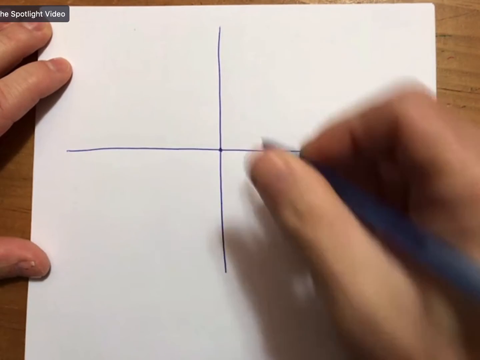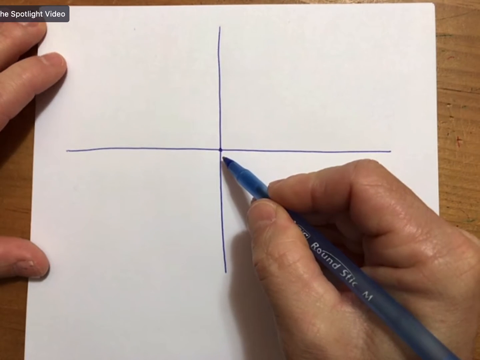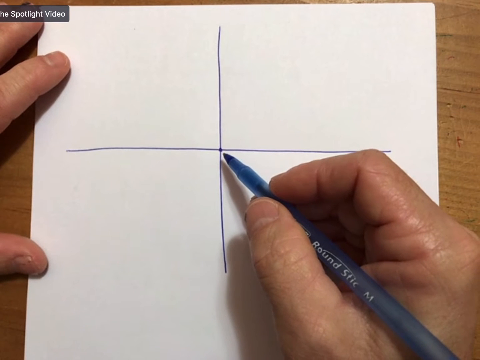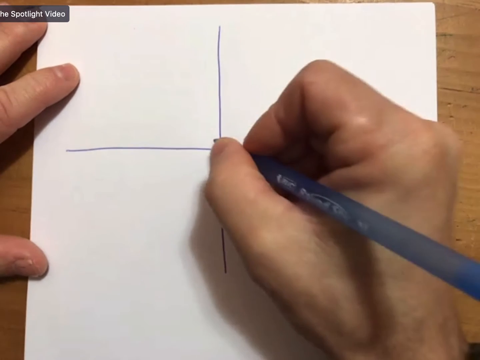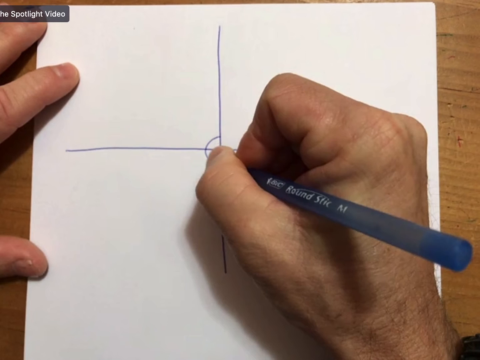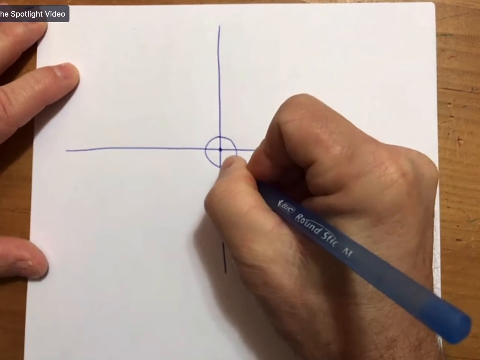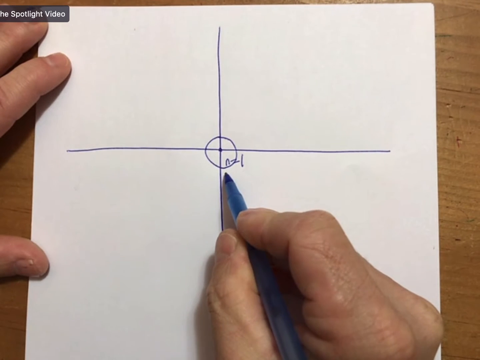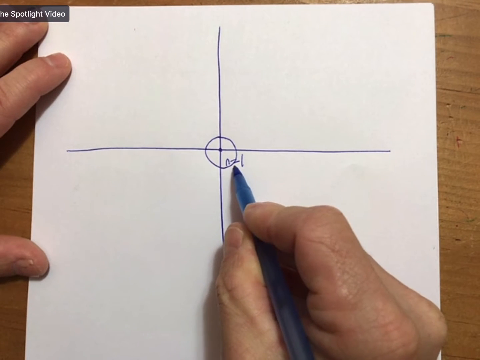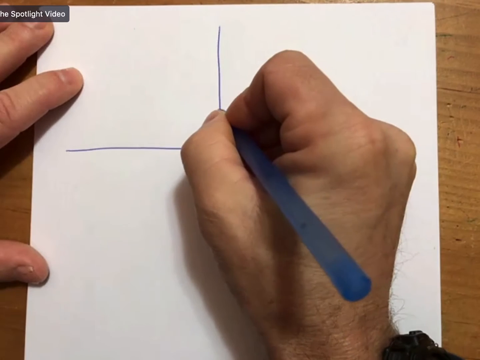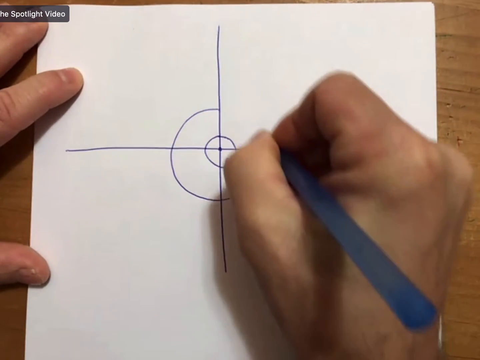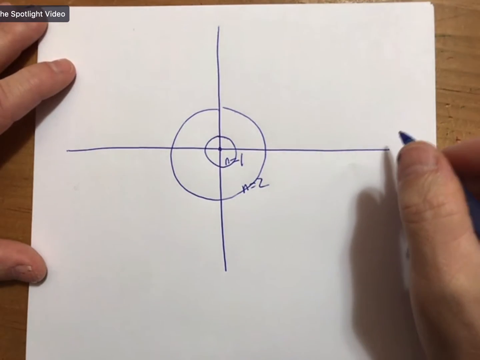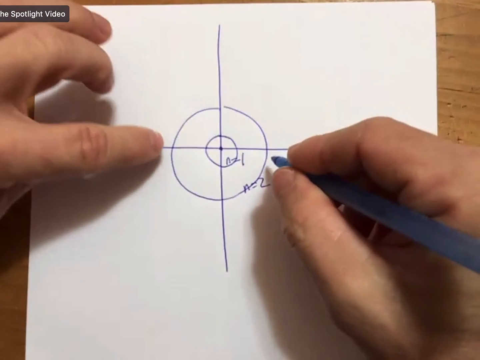If we put the nucleus at the origin, then our picture of the atom is that there are principal energy levels, designated by the letter n, a lowercase n. The first one is n equals 1, then n equals 2, and these are supposed to be circles, which of course represent three-dimensional spheres.